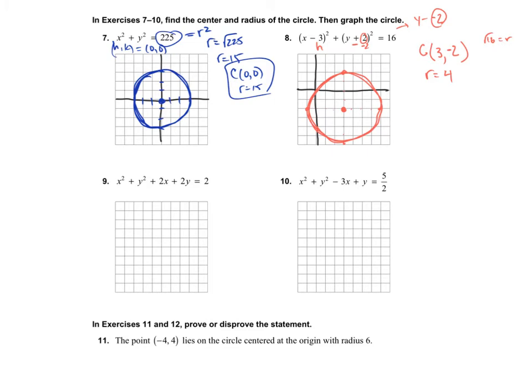So I need to make this look like x minus h squared plus y minus k squared equals my r squared. Well, in order for me to do that, I need to separate out the x's and the y's. So x squared plus 2x, I'm just rearranging this. And then I'm going to say plus y squared plus 2y equals 2.